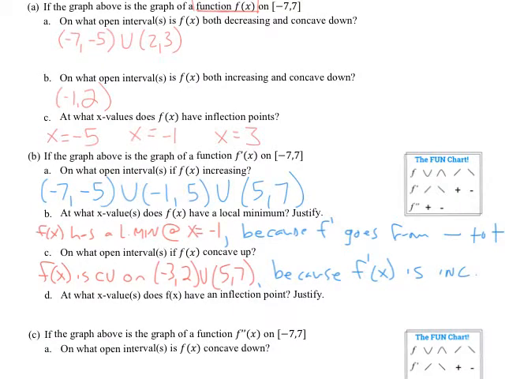So we have 3 inflection values, and those 3 inflection values are x equals -3, 2, and 5. And the justification for that is f prime of x changes from increasing to decreasing, or vice versa.